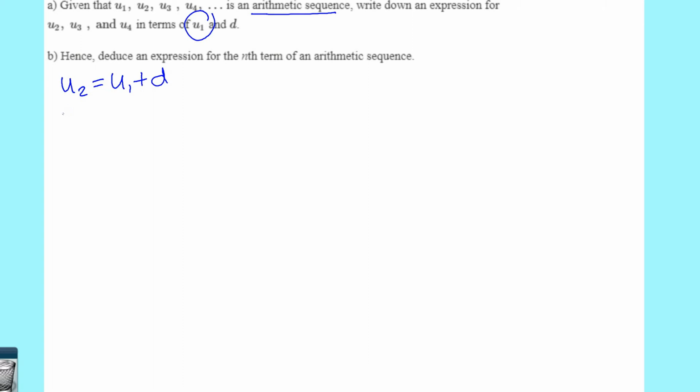To get the third term, you would take the previous term and add the difference. But you know what U2, the second term, is. That's U1 plus D. Add another difference, and now the third term is U1 plus 2D.